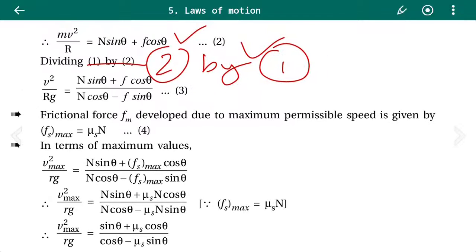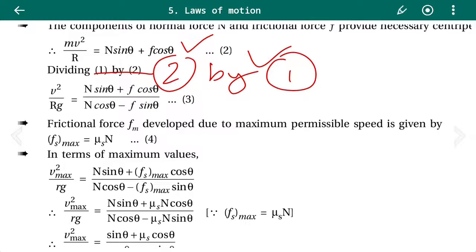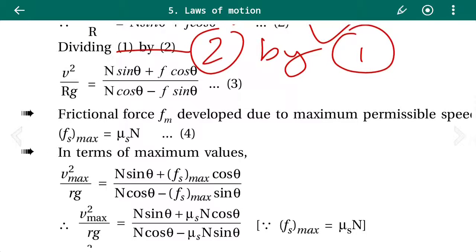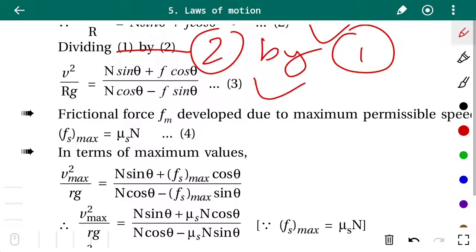The frictional force developed at the maximum permissible speed is given by the maximum frictional force, that is Fs max equals mu s n. We have already studied this equation. So now, writing Fs max instead of F, and writing v max instead of v, using these equations we can write v square max upon Rg.